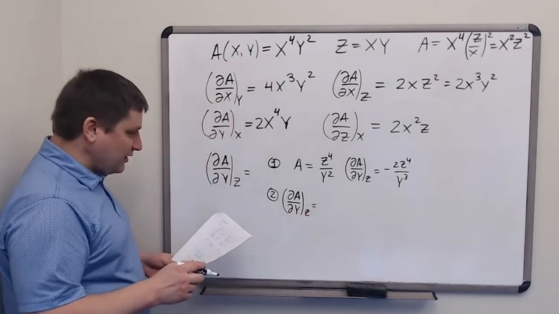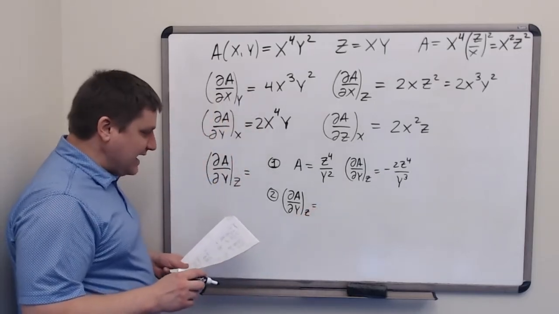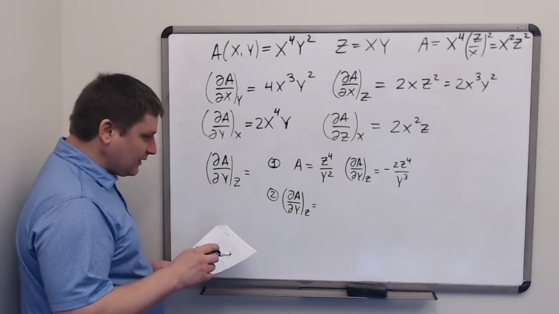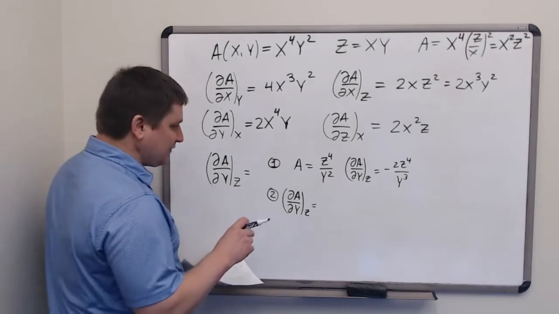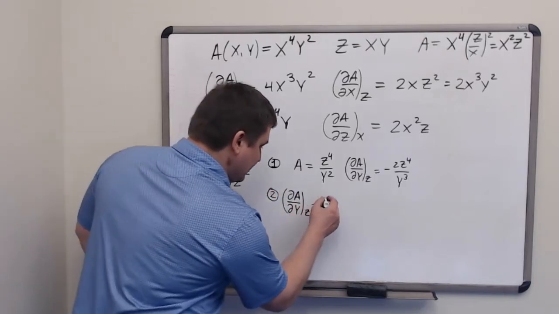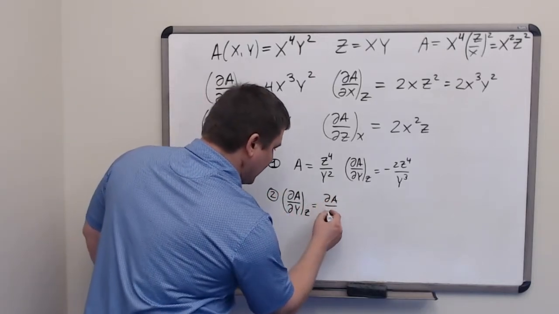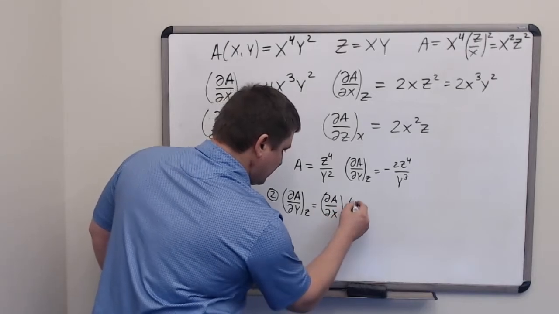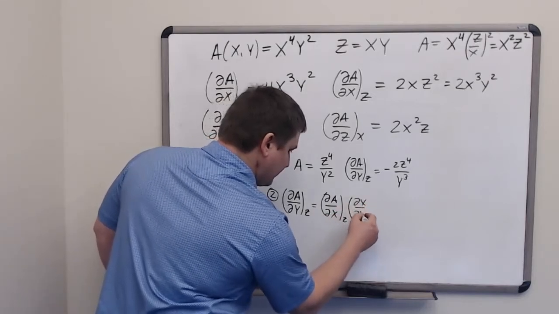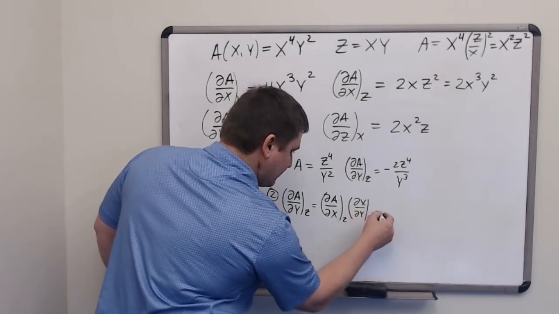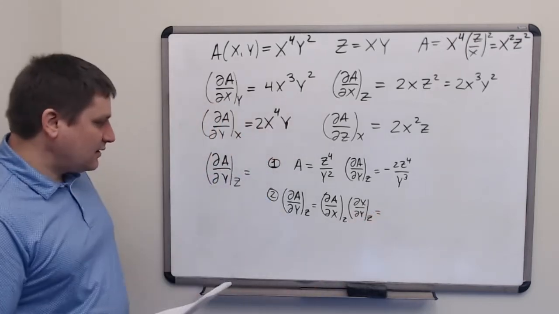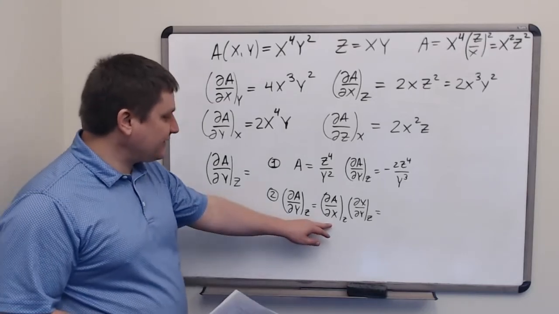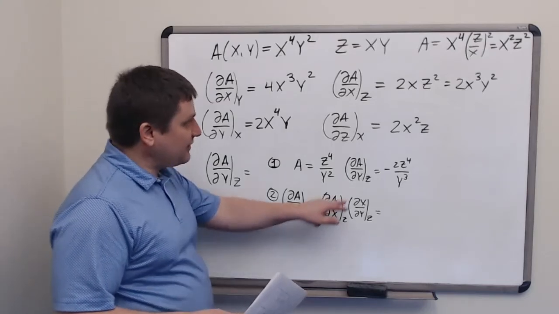And for the chain rule here, we would need to find a fourth variable. It's going to be x, that we can sort of wedge in between this derivative of A with respect to y. Okay, so dA/dx with z held constant is something we already calculated up here.